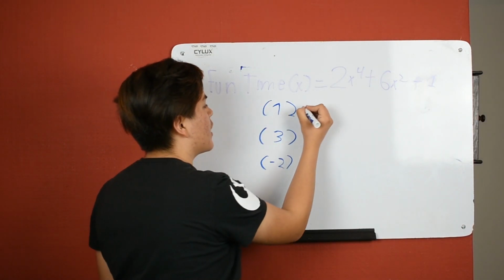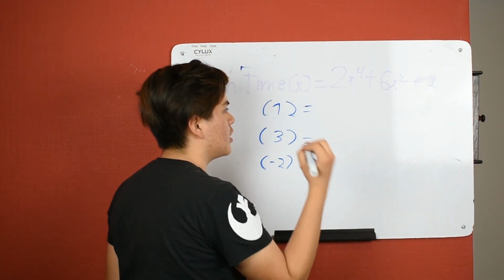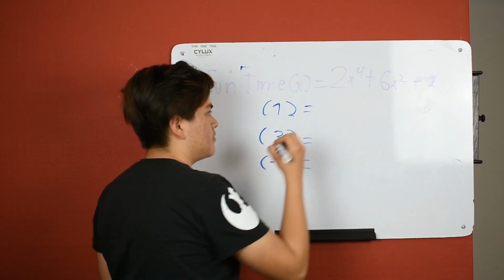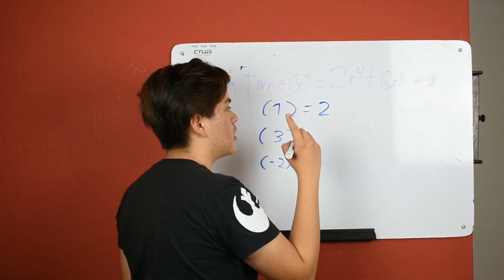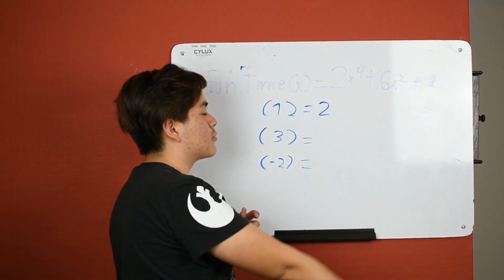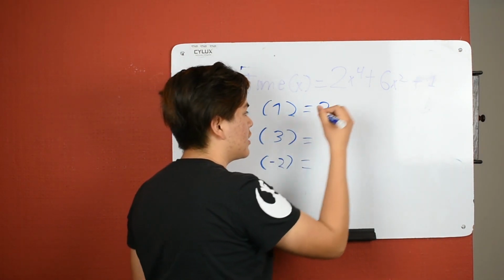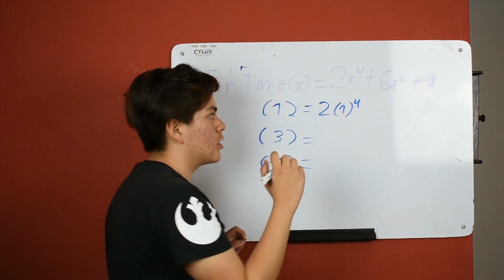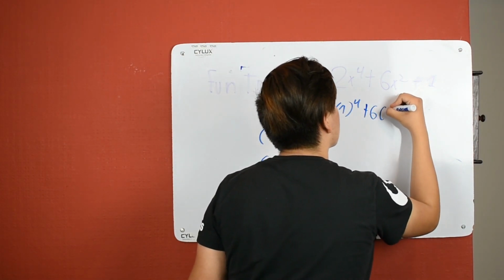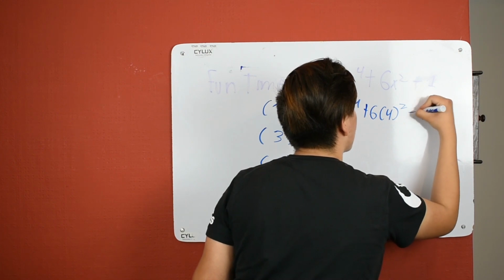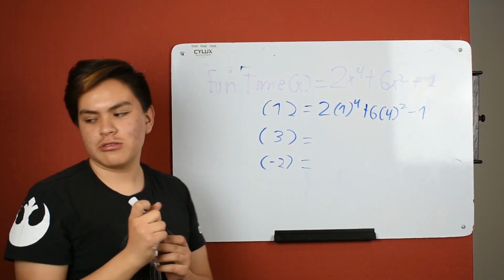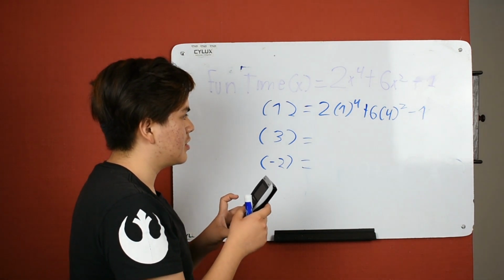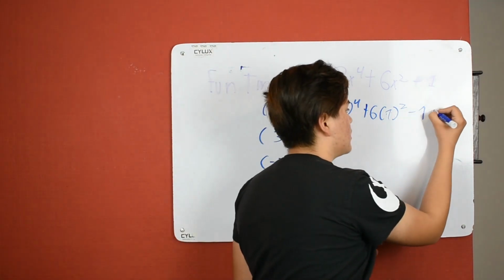Put the function in the 1: 2, but inside you put x, you put the number that is 1. 1 to the power of 4 plus 6 times 1 squared minus 1. So check it out. The calculator says that this expression is 25.